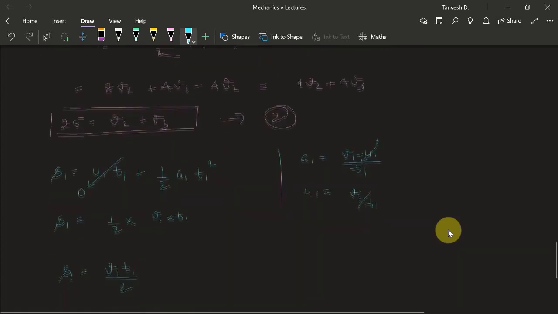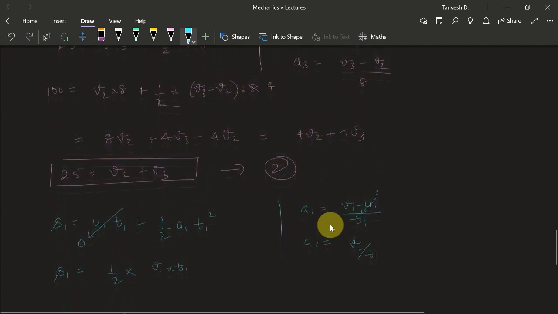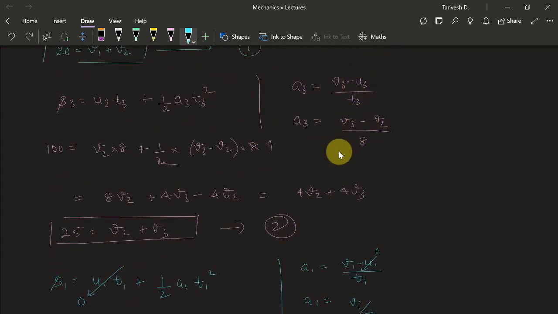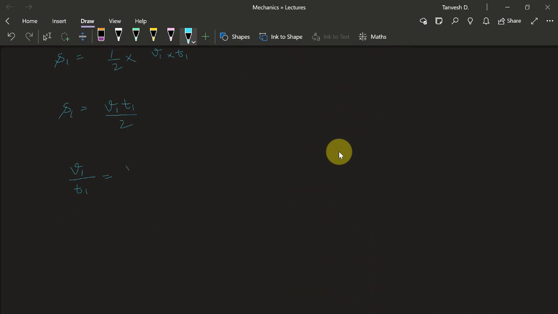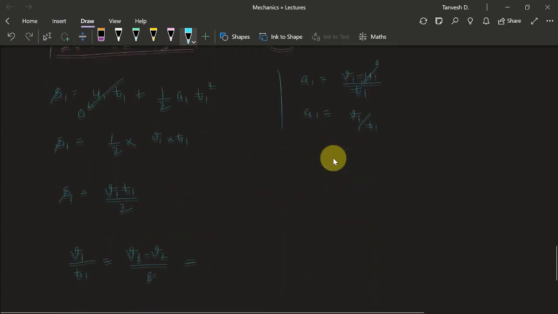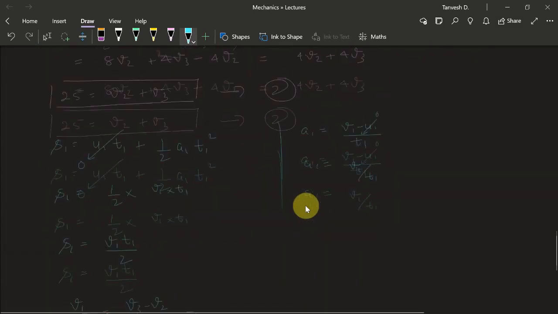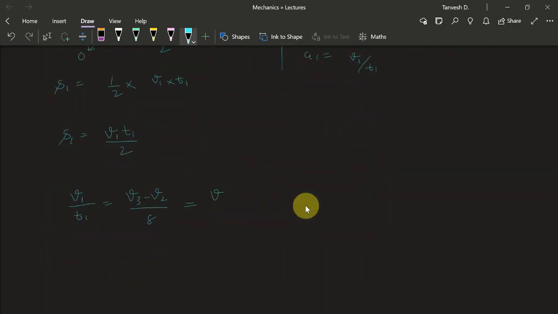So let us equate those things. a1 is v1 by t1, is equal to a2, which is v3 minus v2 by 8, is equal to v2 minus v1 by 10. Sorry, yeah, v2 minus v1 by 10. Right?